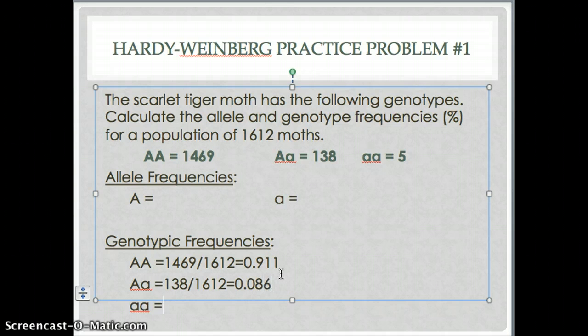And then lastly, I will use 5 divided by 1612, which equals a very small number of 0.003. Okay, so now we have found our genotype frequencies just by dividing each one of them by our total number.